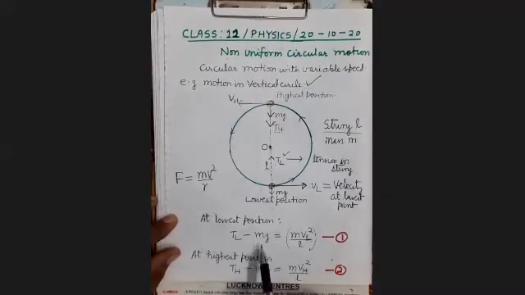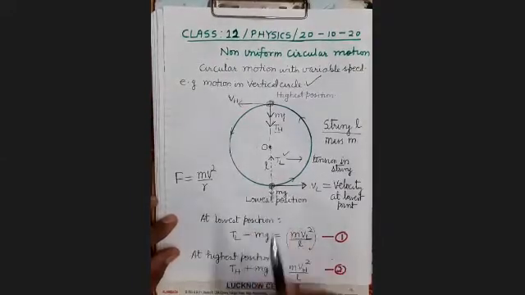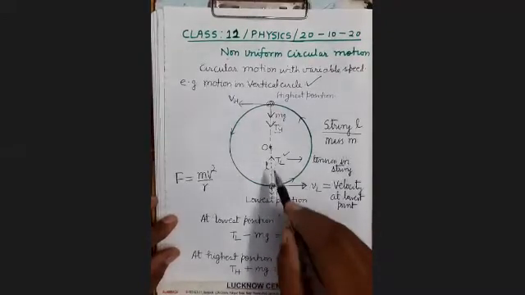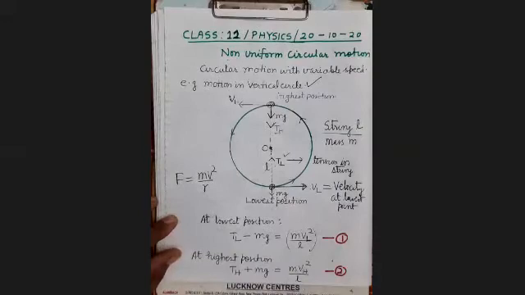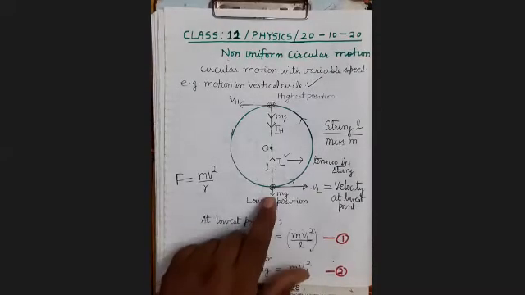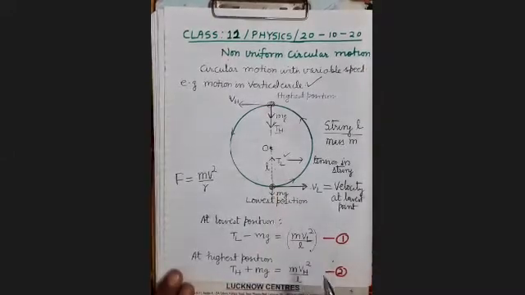The resultant of these two forces will provide the necessary centripetal force at the lowest point. Since they are acting in opposite directions, the resultant will be TL minus mg, which will be equal to the centripetal force, m VL square upon L. This is equation 1.